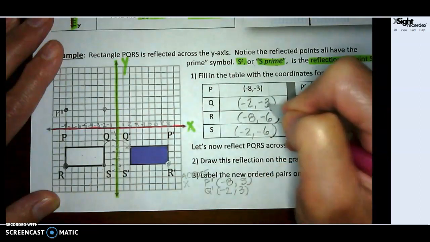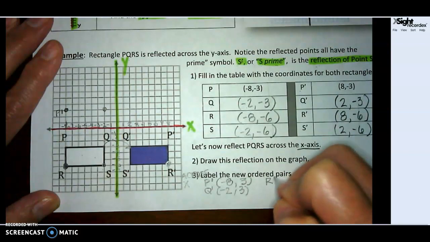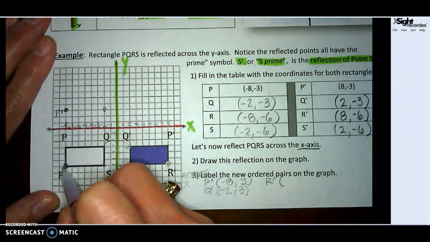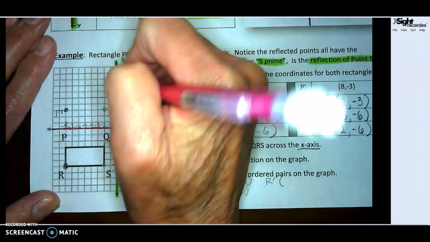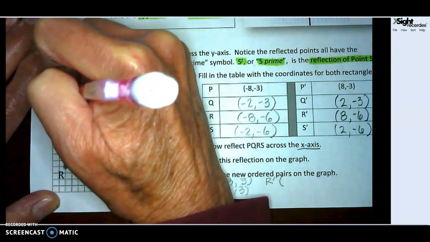So the opposite of -3 is +3. We have R prime, -8, -6. Well, we have to go over -8, but we're going up +6. So that would be right here.